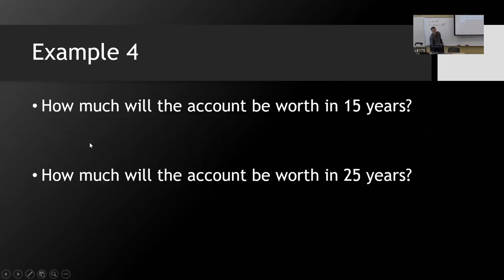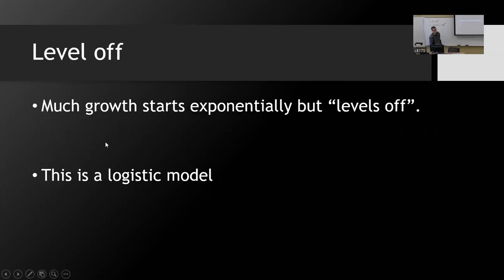All right. Now, I'm going to mention something that does come up in real world applications. I'm not going to ask you any questions about it in terms of trying to create a model, but oftentimes what will happen in a real life situation is things will grow exponentially and then level off.